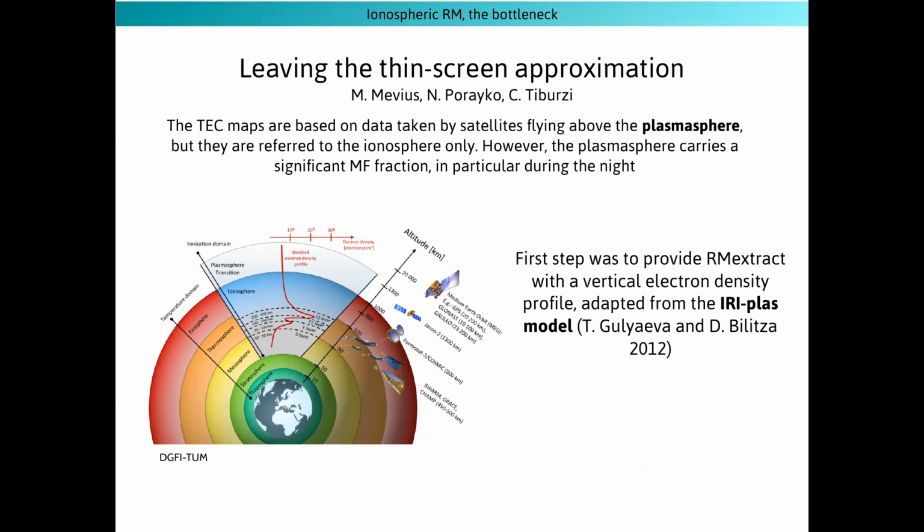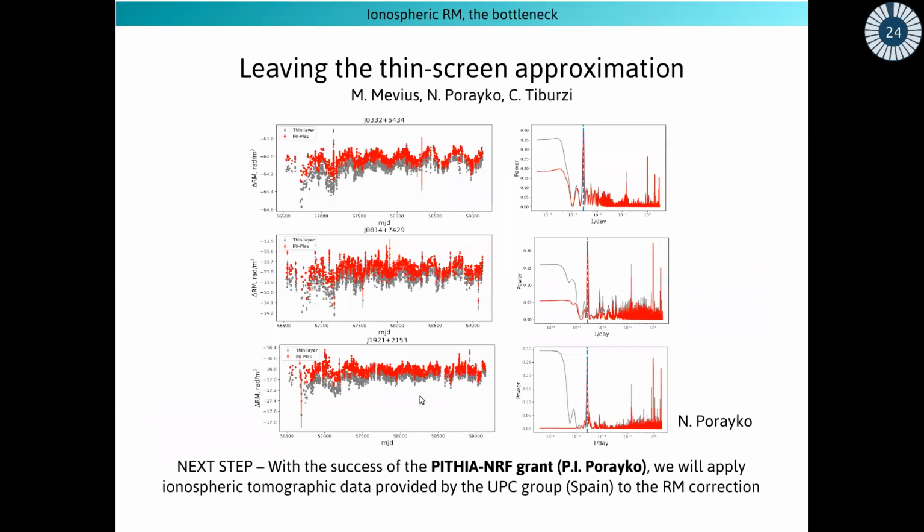So recently we have substituted the thin screen approximation of the free electrons in the ionosphere with a full profile. This was extremely helpful to take care of this monotonic increasing trend that we saw in the work presented in 2019, but the daily sine wave is still present, and of course this is a main problem for solar wind studies, as it also has a harmonic at 1 year.